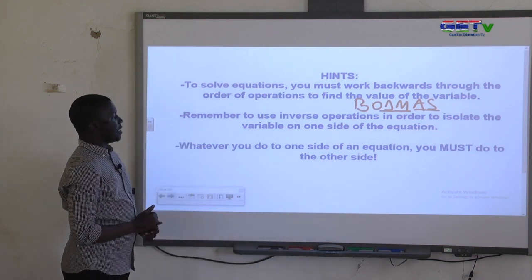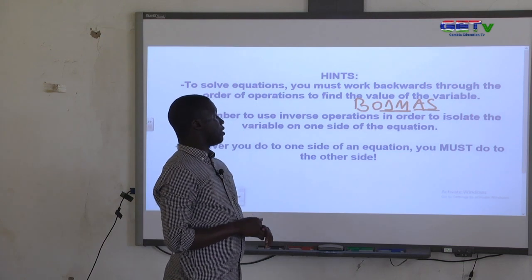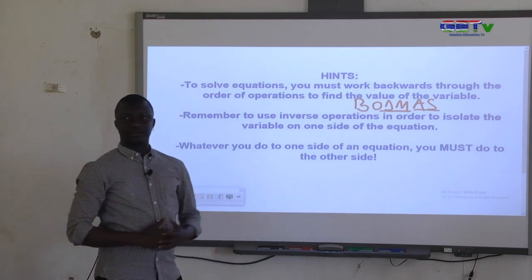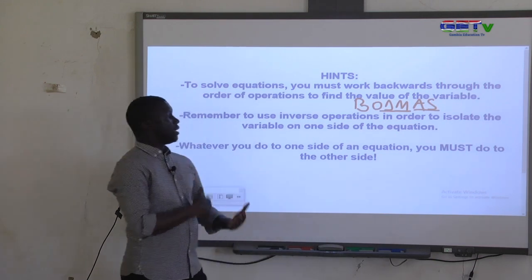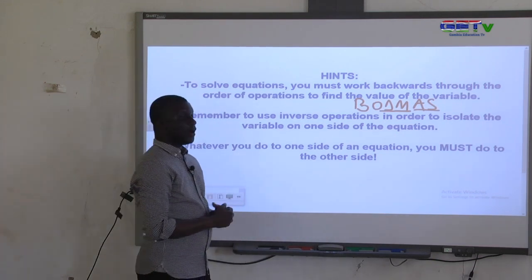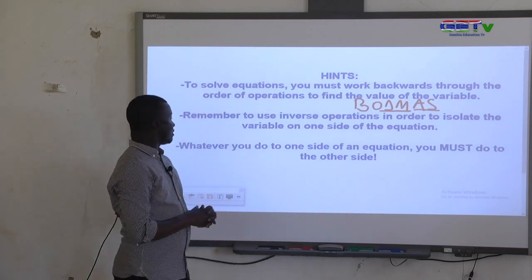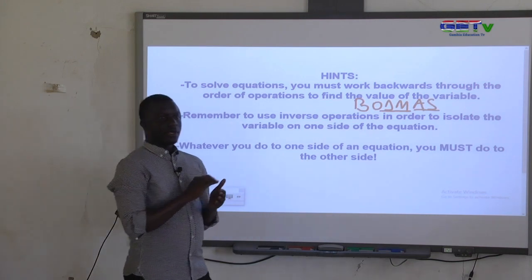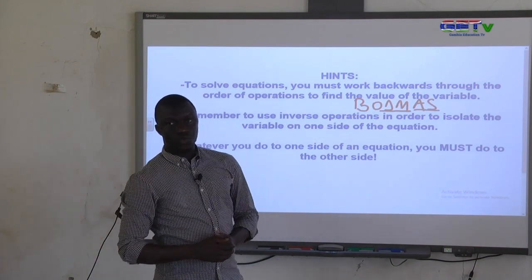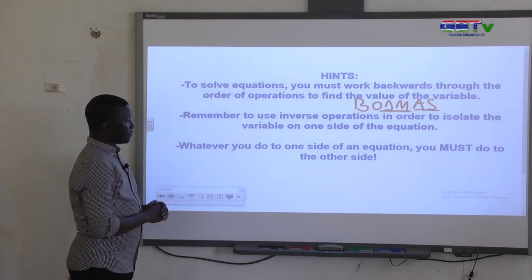The second hint says, remember to use inverse operations in order to isolate the variable on one side of the equation. Let us always use the inverse operation in order to isolate our variables. Like we previously did, let us identify the operation there and use the inverse of that operation to isolate the variable that is given.